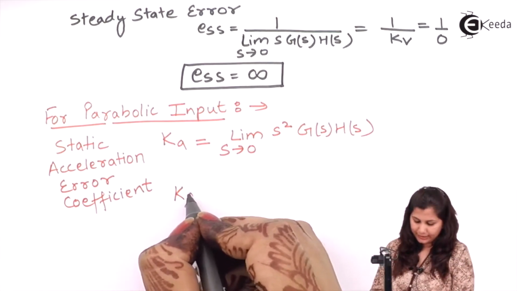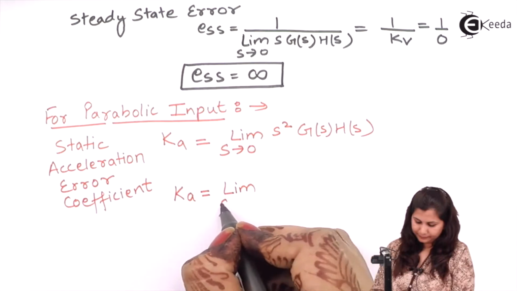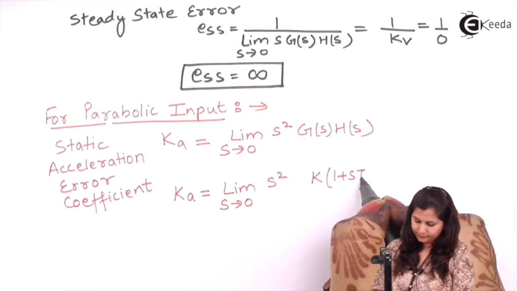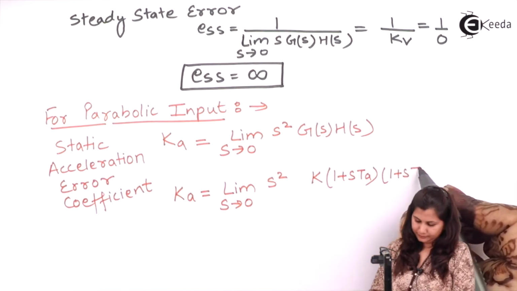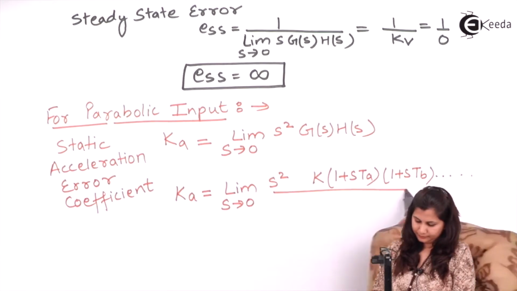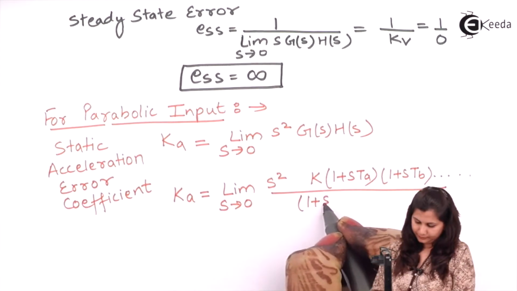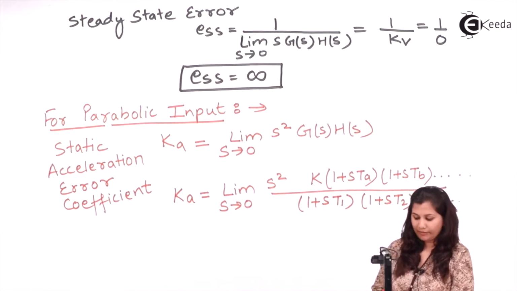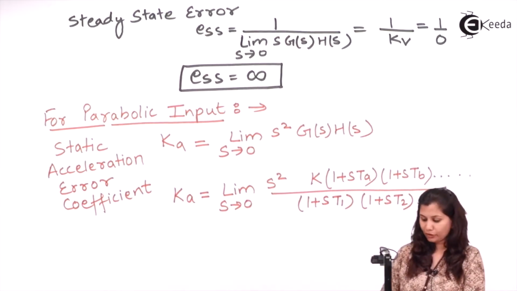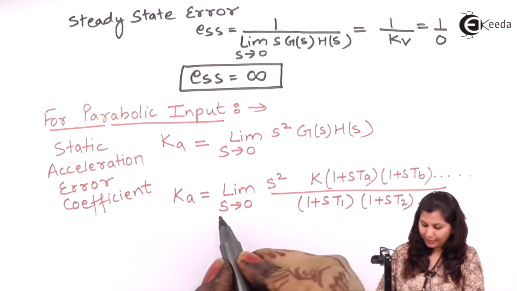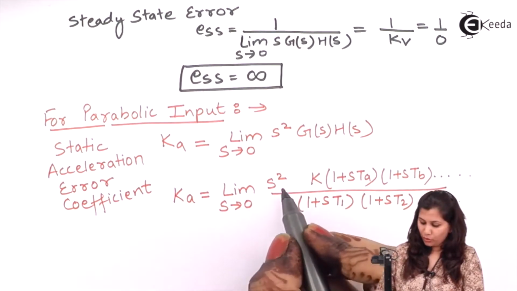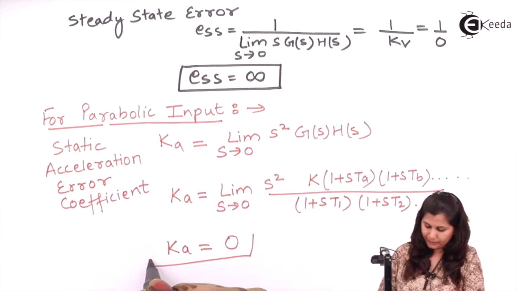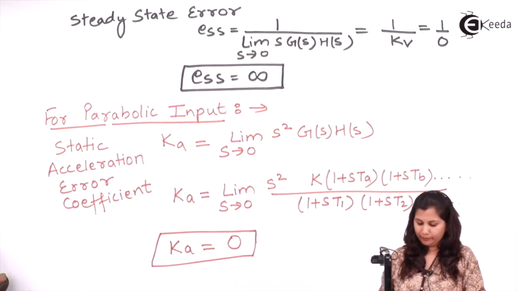We will have static error as... We have substituted the value of GsHs here for type 0 system. So apply the limits, s tends to 0. So this whole expression will become 0. So Ka will be equal to 0 for type 0 system and for parabolic input.